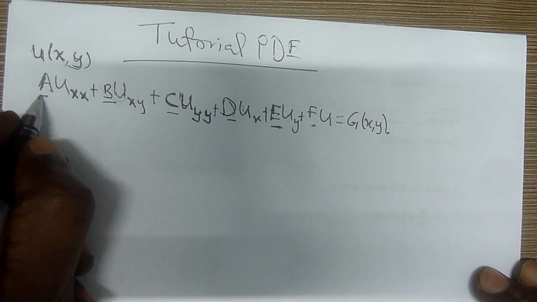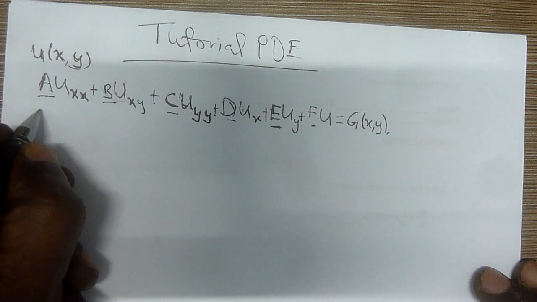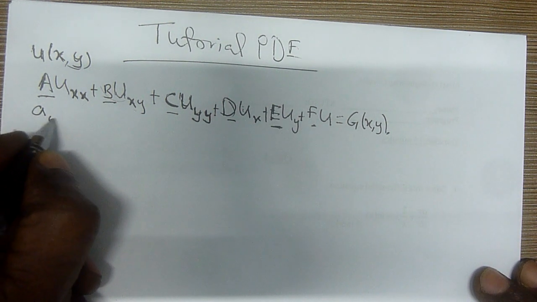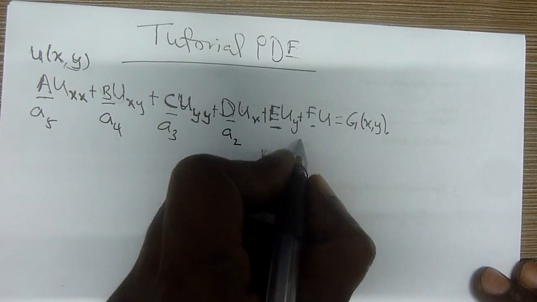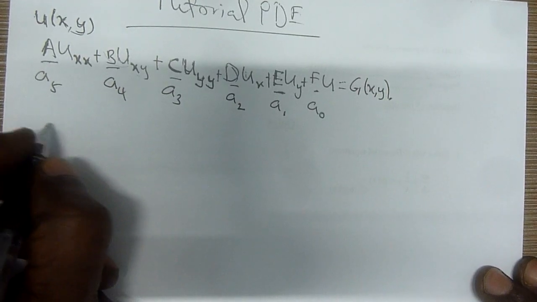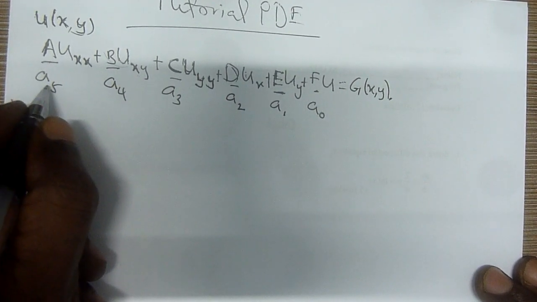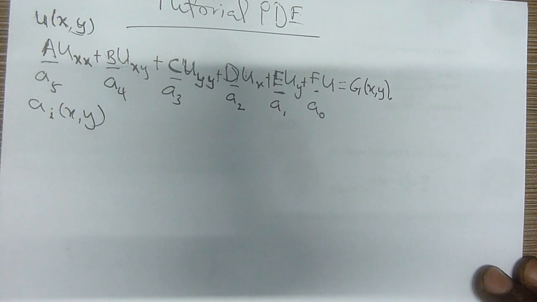It's not a constant coefficient by itself, but maybe I'll write this as A5, A4, A3, A2, A1, A0, and this can be represented as Ai(x,y), which is basically a function of the combination of x and y.